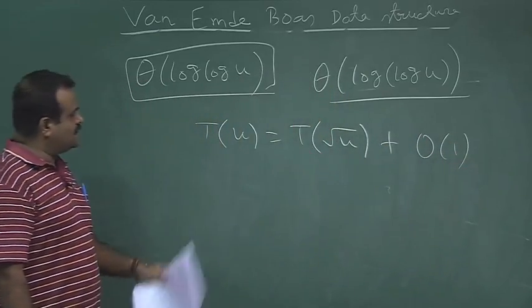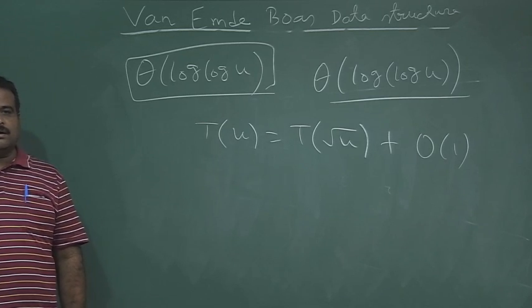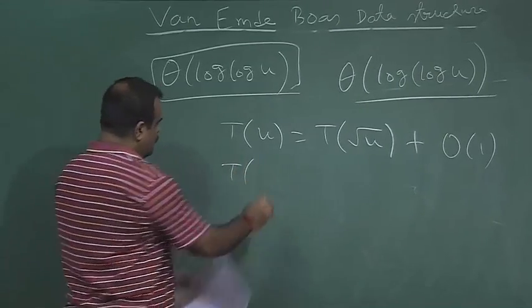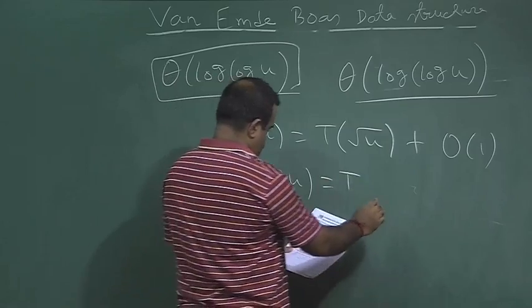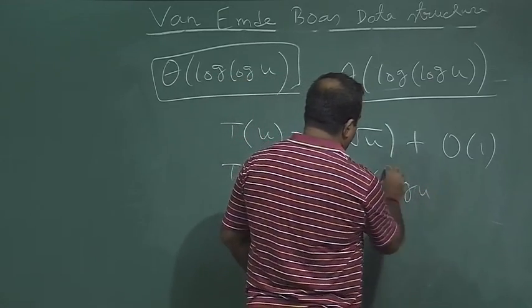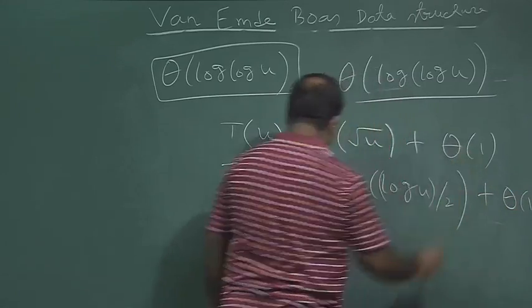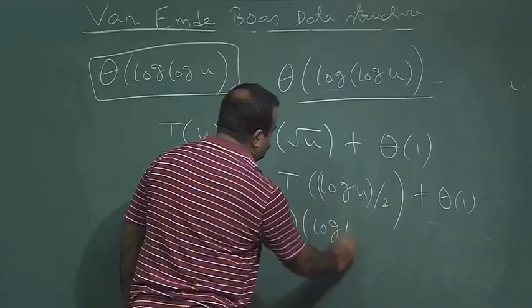If we have this recurrence, then the solution will give us log of log u. Why? Because if we put u as log u, then this will be log of u by 2, and then by the master method this is basically log of log u.